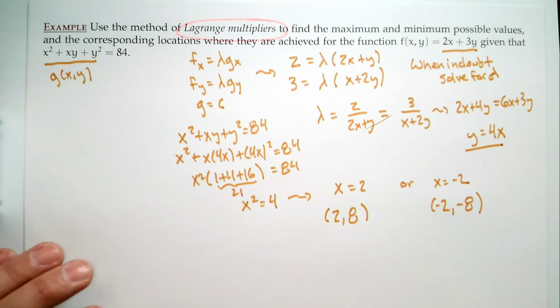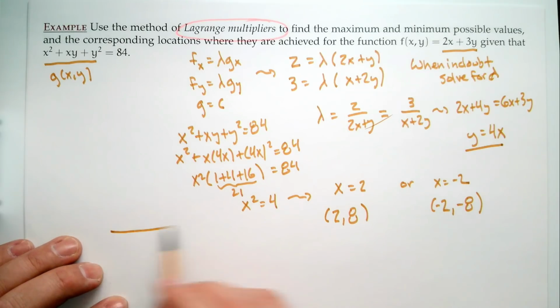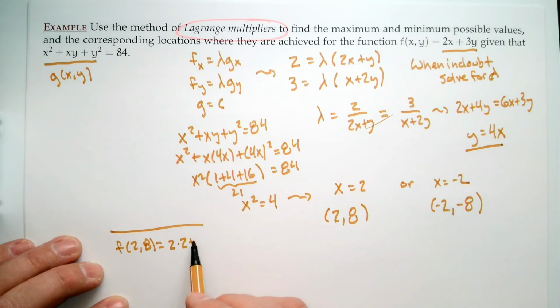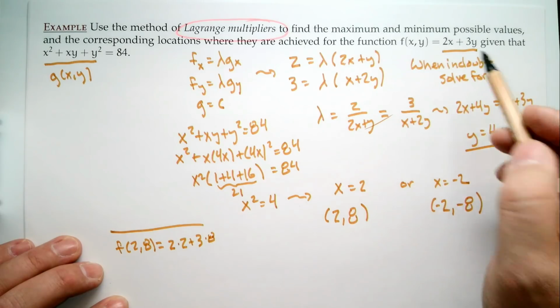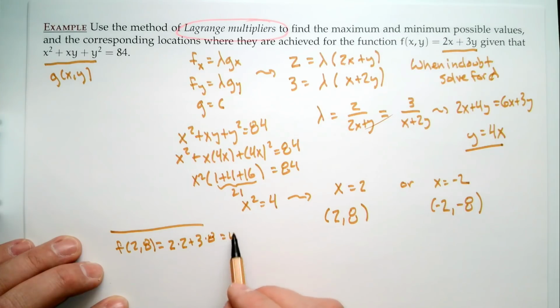So let's find out what the function is. If we plug 2, 8 into our function, so f at 2, 8, that would be 2 times 2 plus 3 times 8. So I'm plugging into our original function. That's 4 plus 24, which gives us 28. If we plug in negative 2, negative 8, we're going to get something very similar.